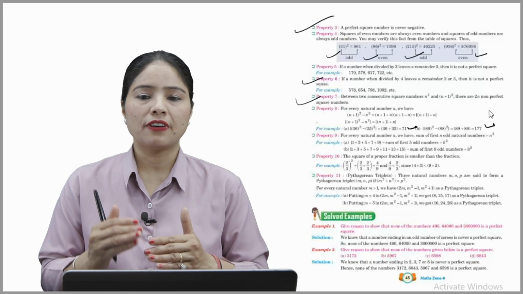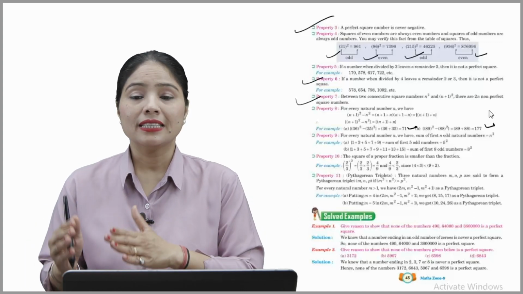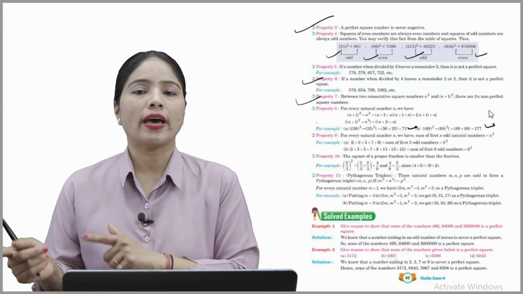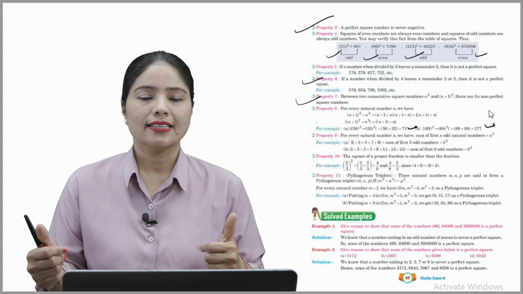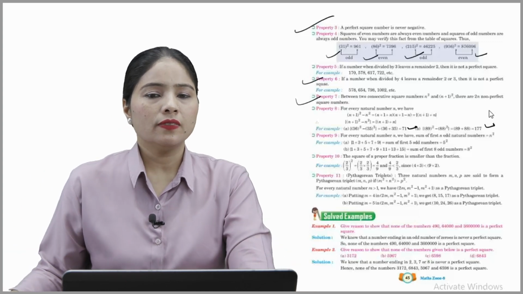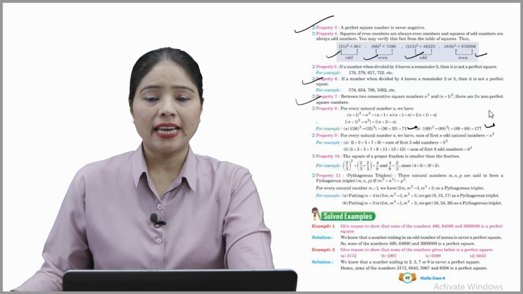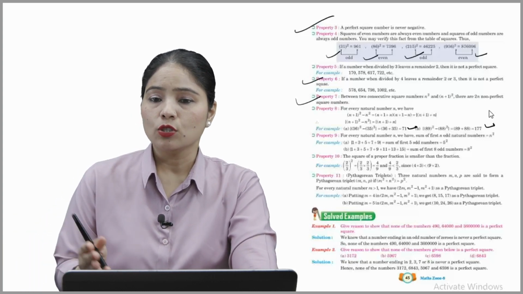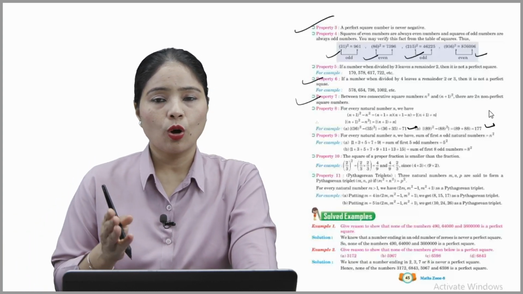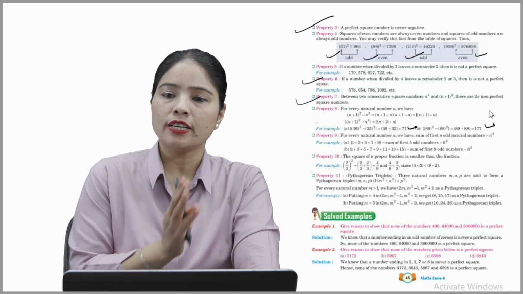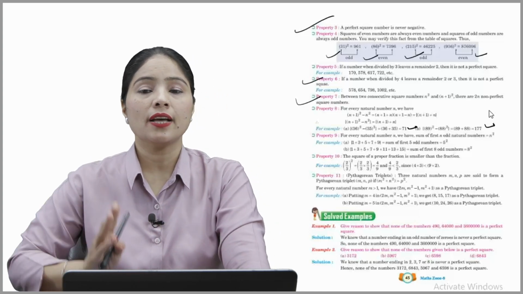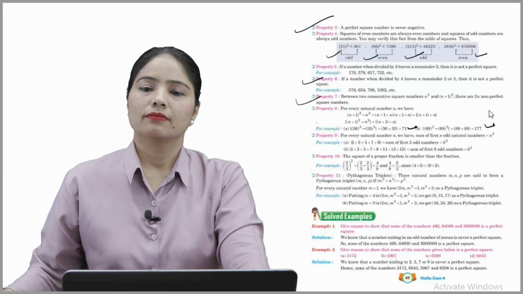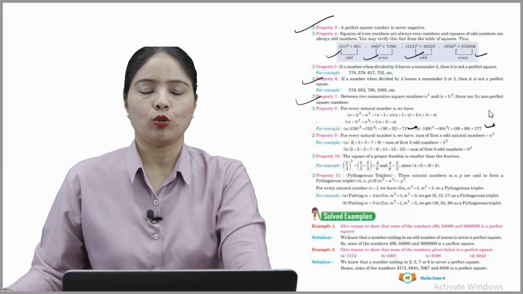So sum of first 5 odd numbers is equal to 5 square. Yes, 1, 3, 5, 7, 9, 11, 13, 15. So these are the sum of first 8 odd numbers. So इसका हमारा क्या हो जाएगा? 8 square. I hope you understood this property also.